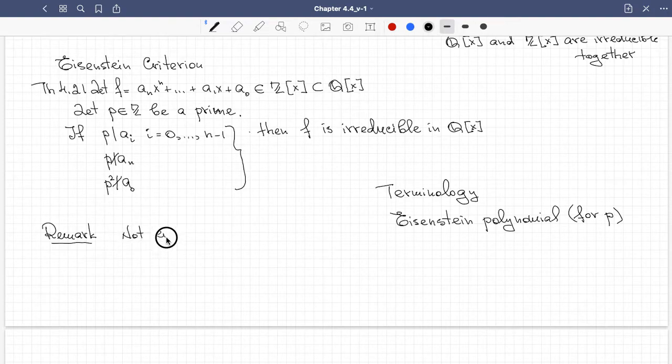Not every irreducible polynomial is an Eisenstein polynomial.